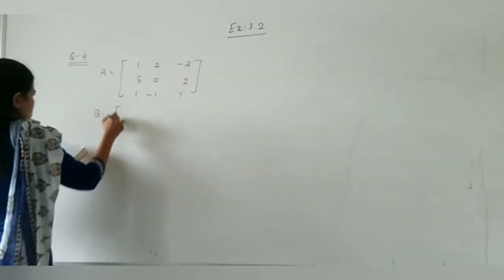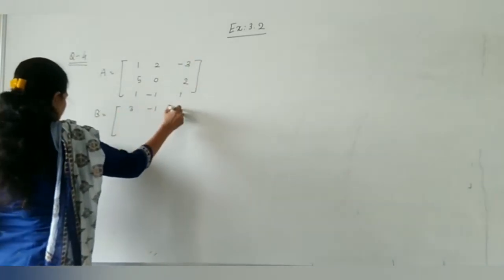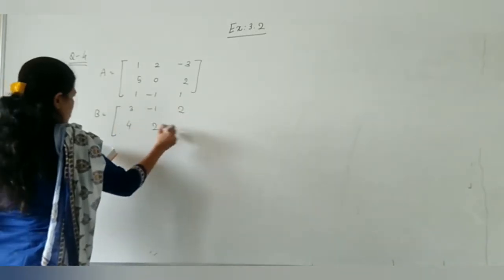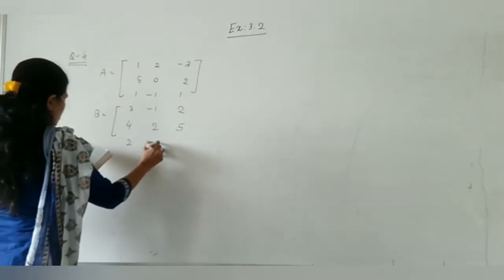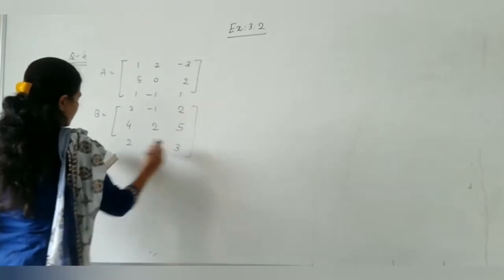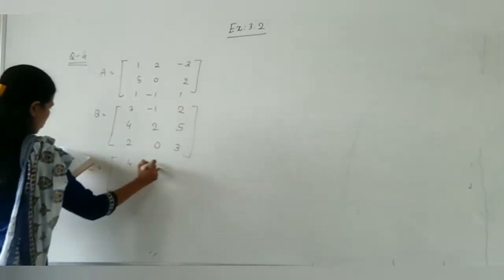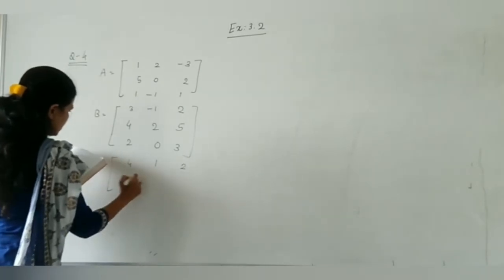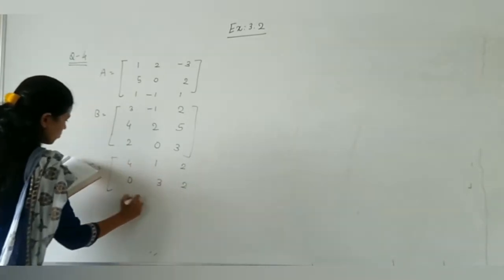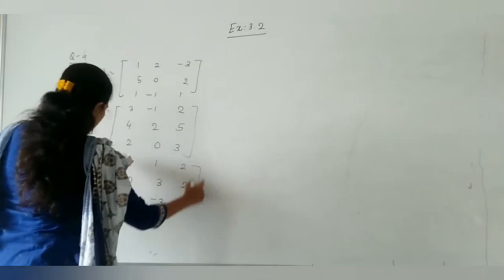B is 3, minus 1, 2, 4, 2 and 5, 2, 0 and 3. And C is 4, 1, 2, 0, 3, 2, 1, minus 2 and 3.